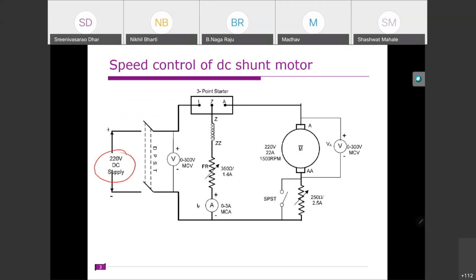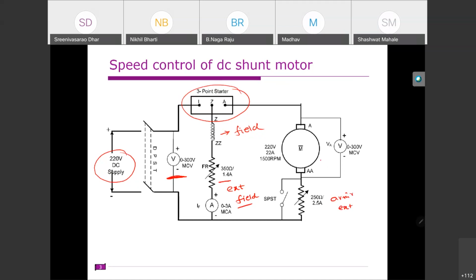In the laboratory experiment we are measuring the speed. We have a 3-point starter, this is the field winding, and this is where we connect the field external resistance. We have this motor, and this is the armature external resistance.